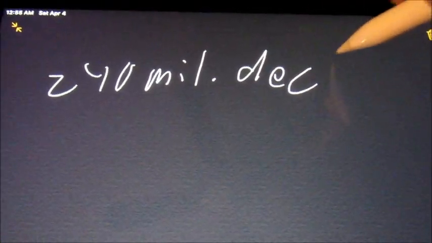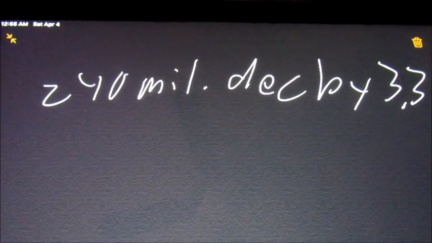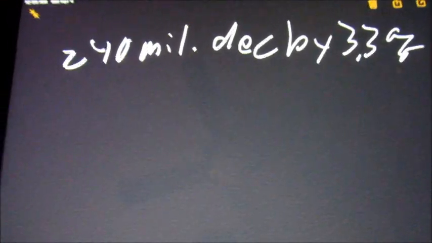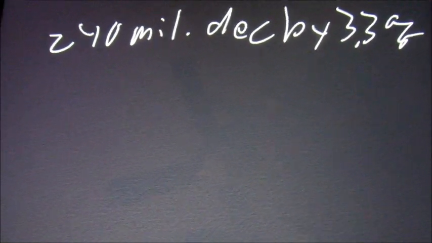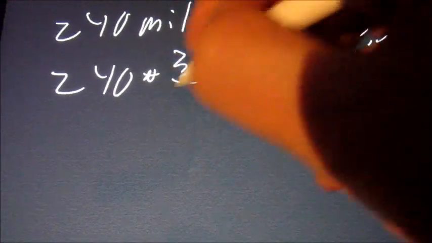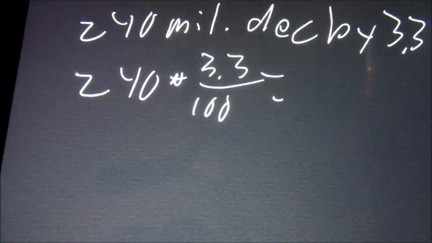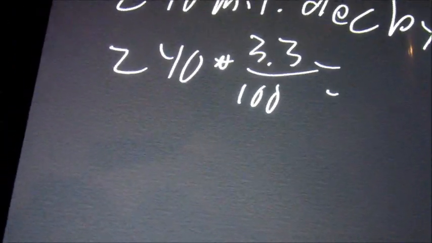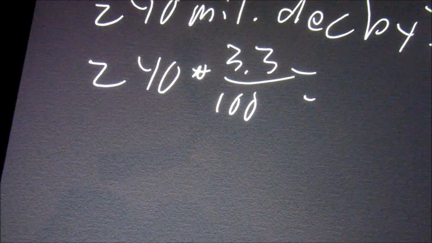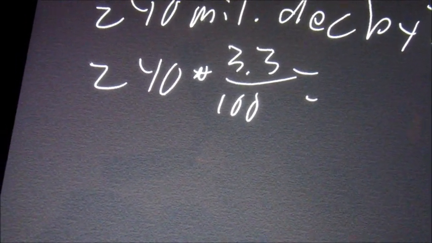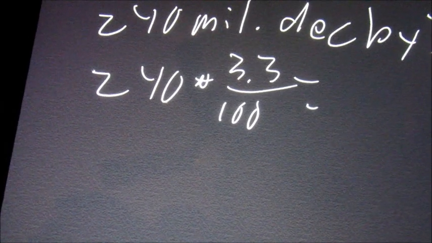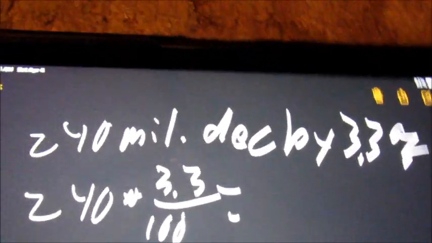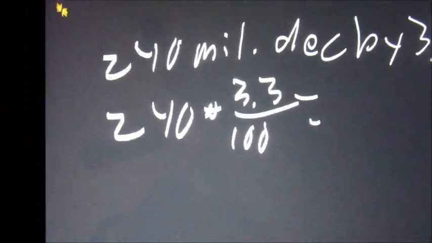Now let's say that that same number, 240 million, decreased by 3.3%. So first thing we have to do is find what 3.3% of the 240 is. So 240 times 3.3 over 100, and that's going to equal, let's see, I think the question should have asked something different.